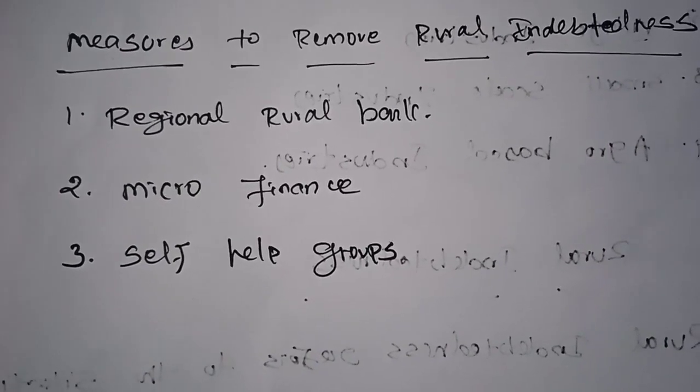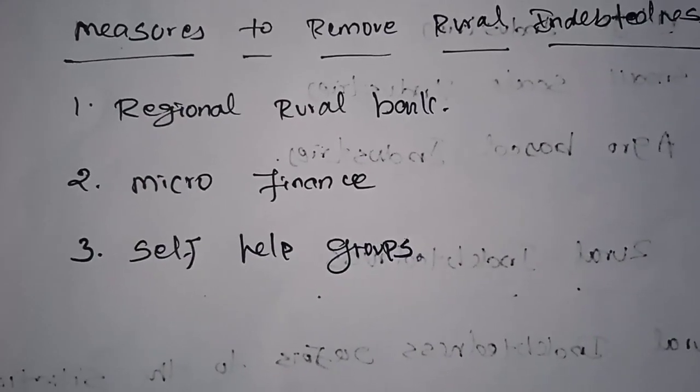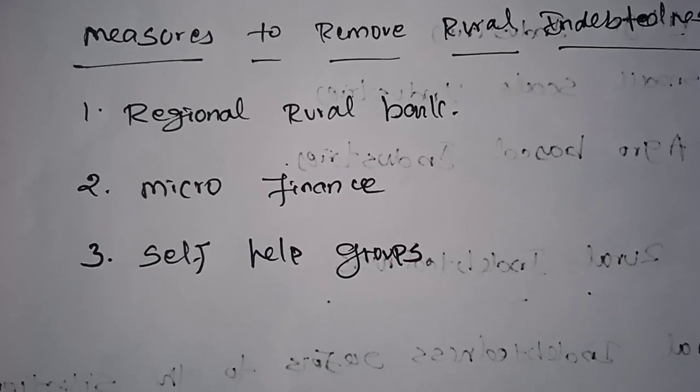First is the regional rural bank. The regional rural banks came into existence based on the recommendations made by the working group on rural banks appointed by the government of India.